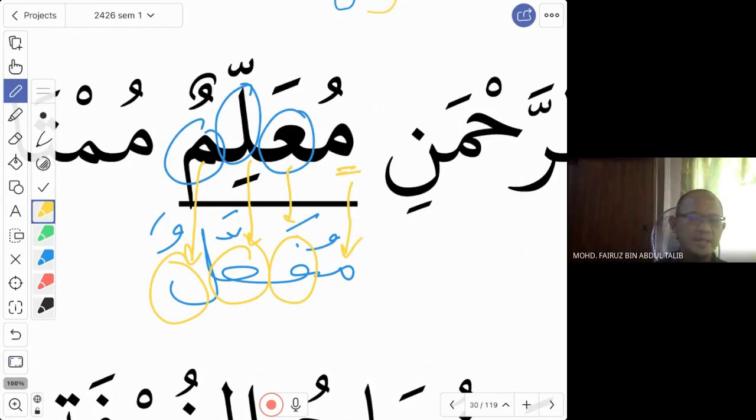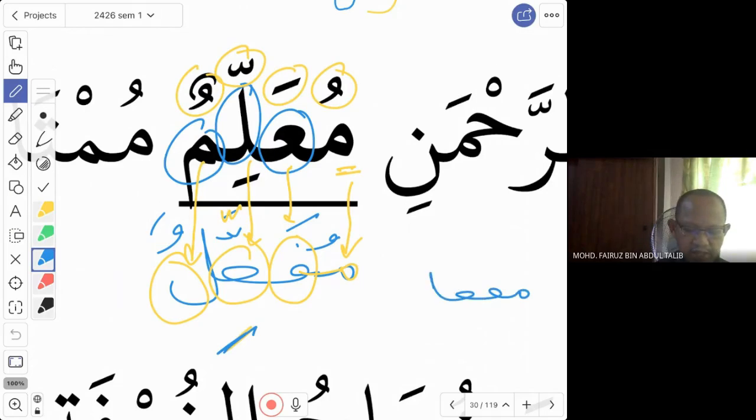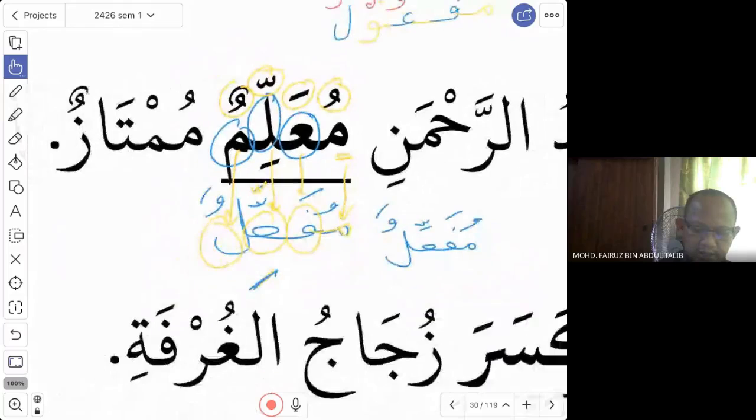The additional letter now is mim, so you put a mim. And then the rest you just follow this. Mu'allimun, mufa'ilun. So that is the wazan for mu'allimun. Yes, we try the next one.